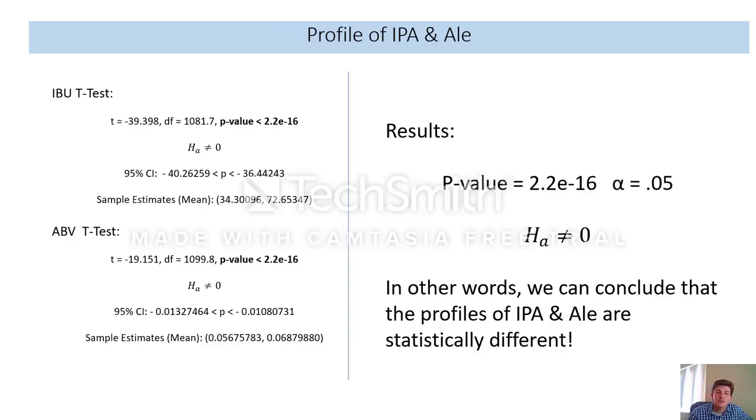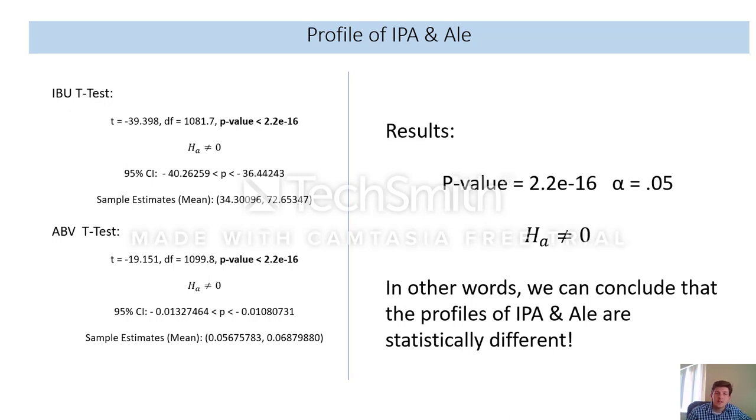We wanted to statistically prove that the profiles of these two beers are different in order to have more comfort in classifying a beer as ale or IPA due to its ABV and IBU profile. So we took the mean IBU of ale and IPA beer, and we used a t-test, and the results of the t-test showed that we could reject the null hypothesis and accept the alternative hypothesis that the true difference in means is not 0.